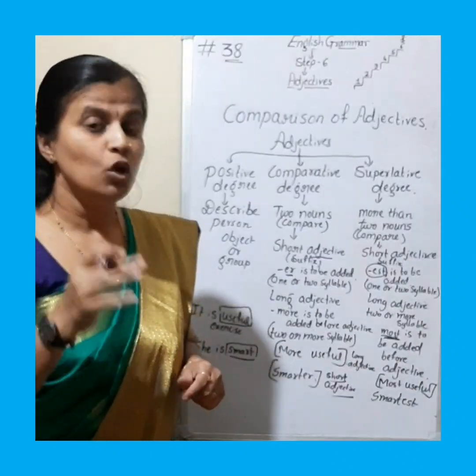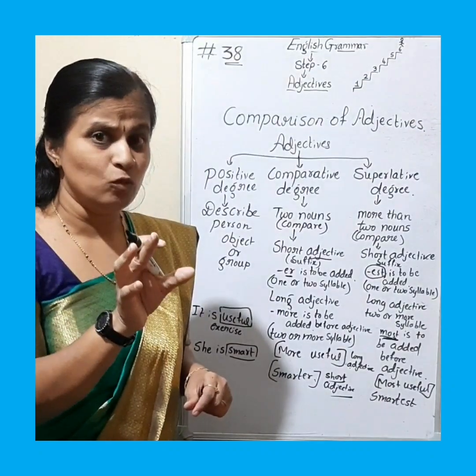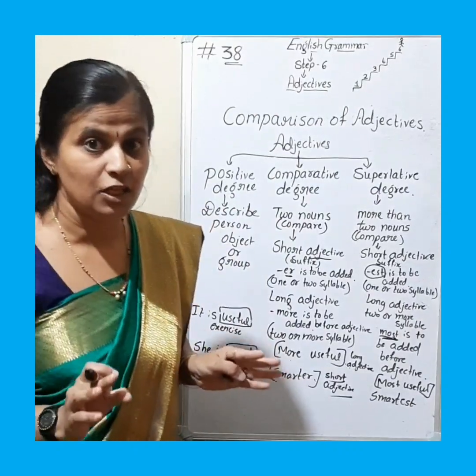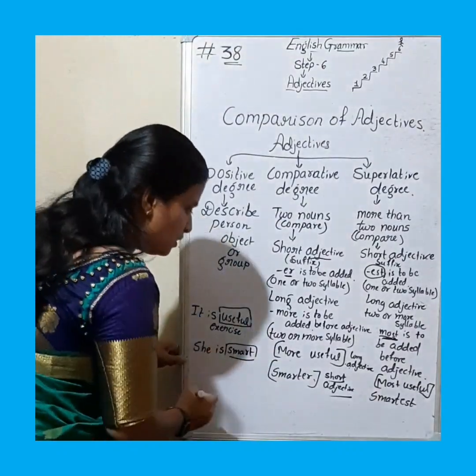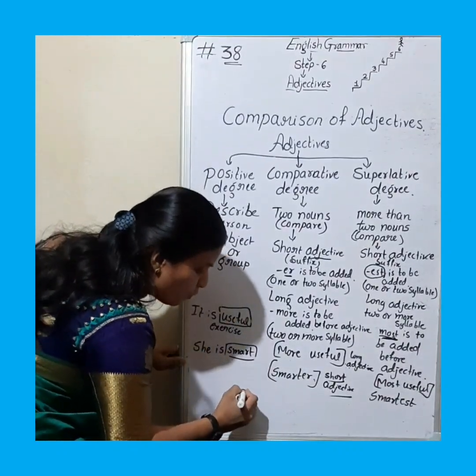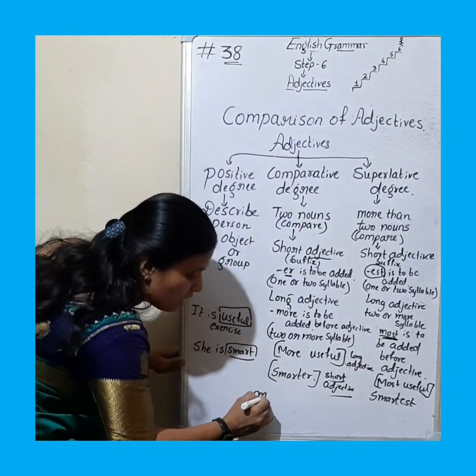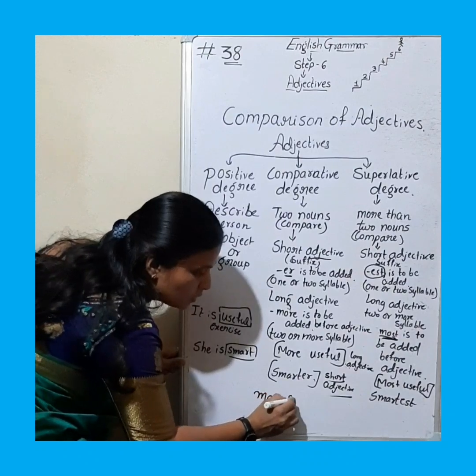So let me tell you, using double comparative is an incorrect form of expression in English. For example, smarter is there, so I cannot write here more smarter, more smarter.